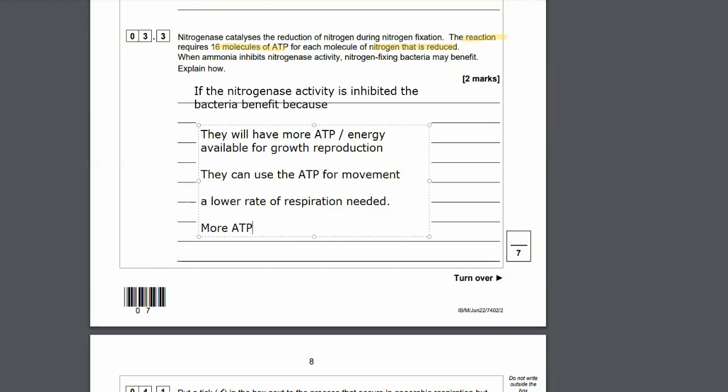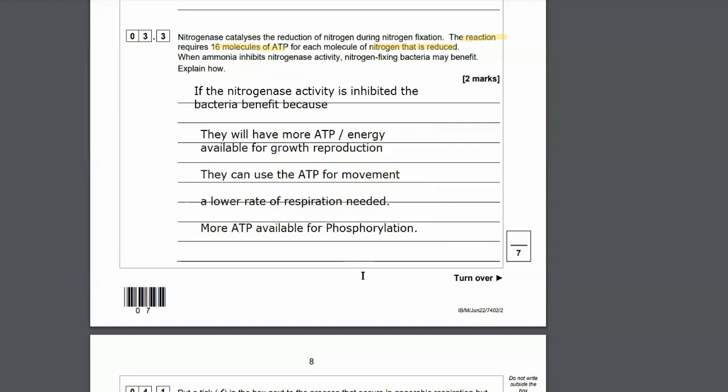Also, they won't need to respire as much. A lower respiration rate will be needed, and there'll be more ATP available for phosphorylation. Phosphorylating is when you add a phosphate group to another chemical, which is what happens a lot in the organic chemistry within organisms. Do not say this means they can do more respiration.